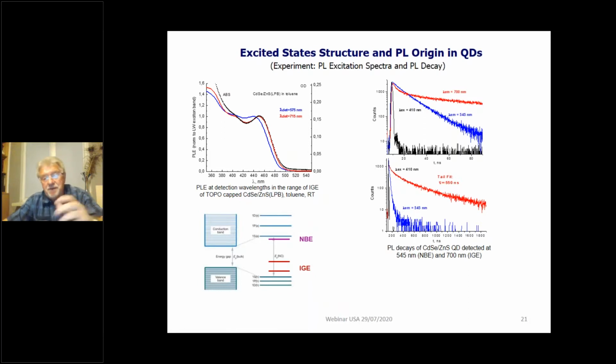On the basis of experiments, it means that in addition to the typical excitonic states in quantum dots, we should take into account some intermediate states which lie between the conduction band and the valence band, the so-called near band edge states and inter-gap energy states.